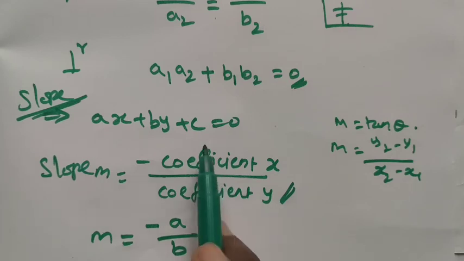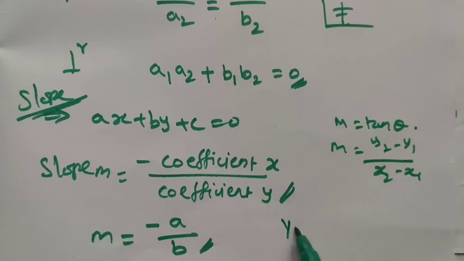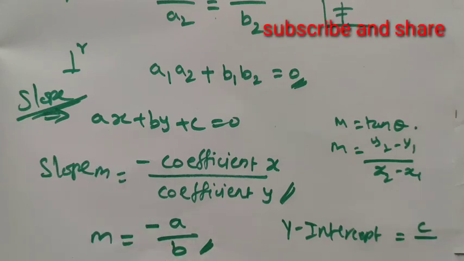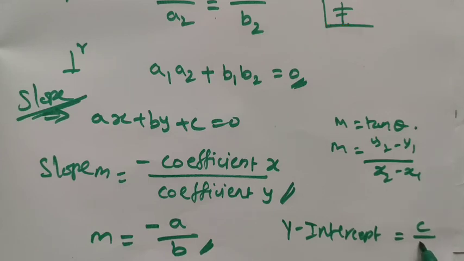And when the equation is given, it is easy to find the y-intercept. The y-intercept is the constant term divided by the coefficient of y, that is b.